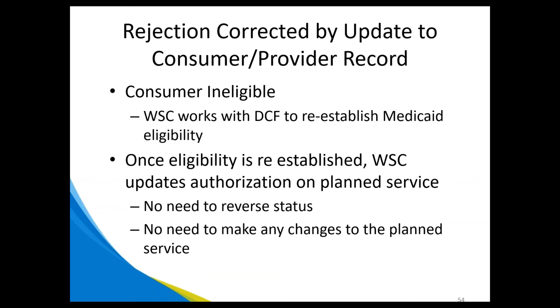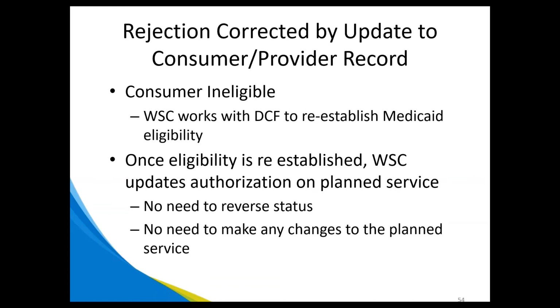Now, I say here there's no need to make changes on the plan service, but that's if it turns out that the Medicaid eligibility is going to cover the whole period of the plan service, of the authorization. If it turns out that by the time you get it reestablished, that it isn't going to cover, let's just say, July, then you are actually going to have to adjust that plan service so the dates match the eligibility.